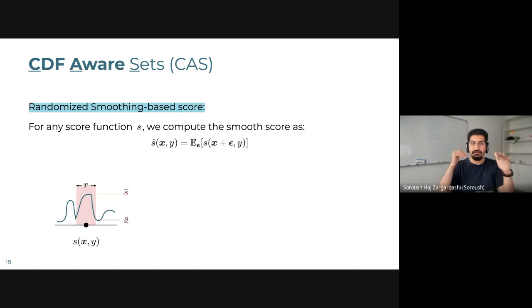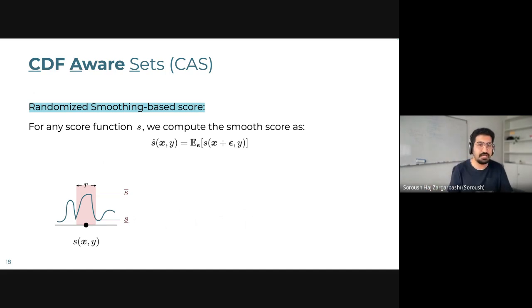Because remember, I want to be robust, but at the same time, I want to be efficient, meaning that I want the least possible additional labels to have this additional robustness on top. So then I cannot look at the mechanics of the score. One, because I cannot, based on the definition of the problem, it's a black box. And two, even if I can look at it, it could be a complex model that has really large intervals of upper bound and lower bound.